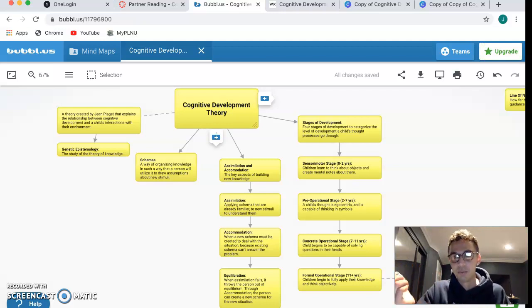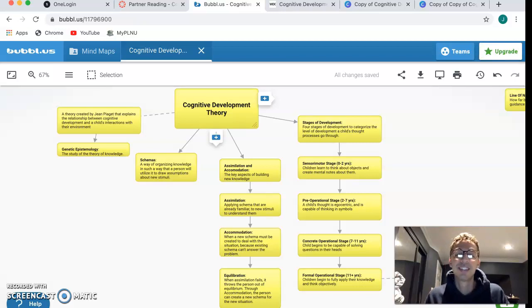Essentially, those are schemas: looking through your mind for that file, we'll call it, that will allow you to draw a conclusion about whatever it is that you're experiencing in your life. So those are schemas.